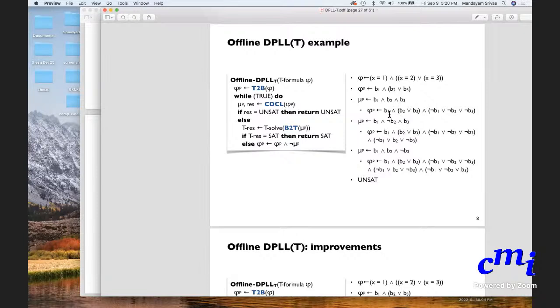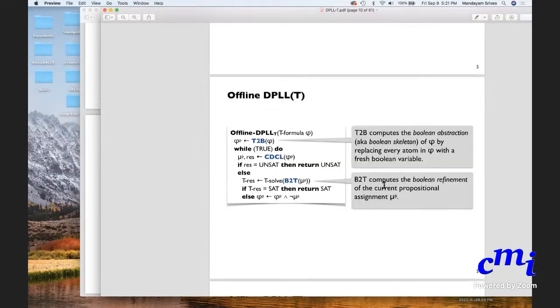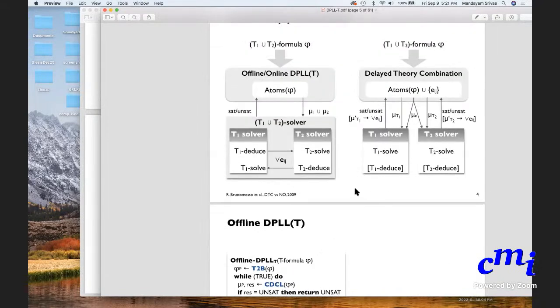Okay, the step where you convert that into B to T and solve it is not exactly shown here. It just shows how you can enumerate all possible satisfying assignments, and you finally get unsat. Okay, so this is what it is.